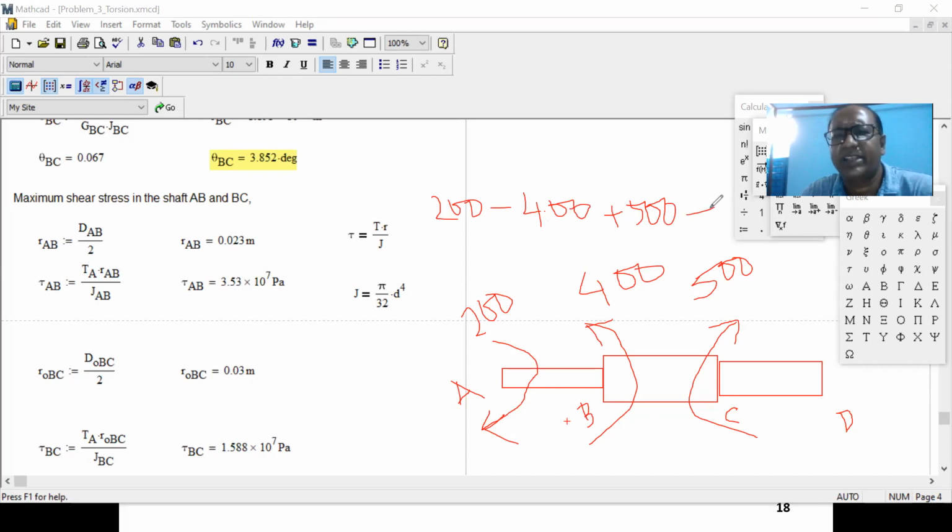So I'm saying this TD equal to 0. So if you solve it, then you get TD equal to minus 300, right? So that means at D, you have anti-clockwise 300.